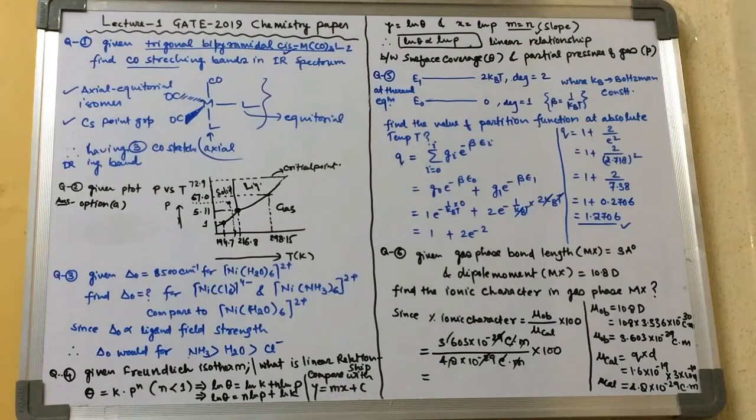The delta zero value of NiCl6 4 minus and Ni(NH3)6 2 plus is compared to this nickel water octahedral complex, Ni(H2O)6 2 plus.